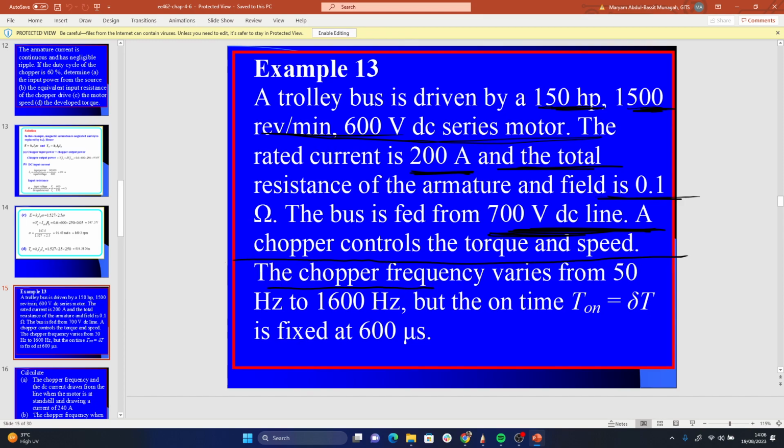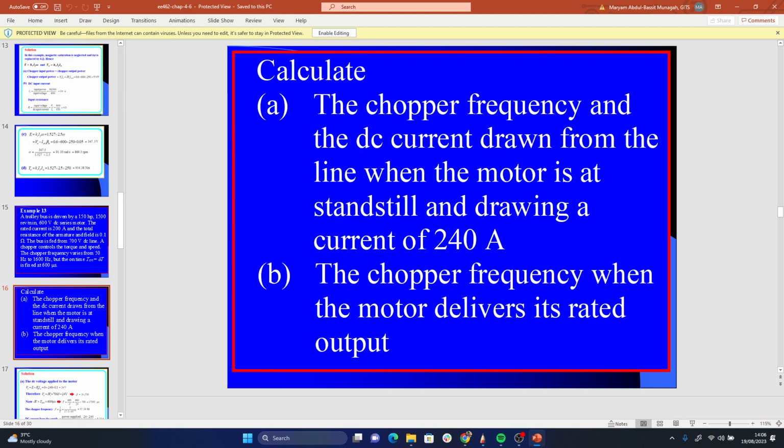The chopper frequency varies from 50 Hz to 1600 Hz, but the on time T on, which is equal to delta T, is equal to 600 microseconds. It says find the chopper frequency and the current drawn from the line when the motor is at standstill and drawing a current of 240 amps.